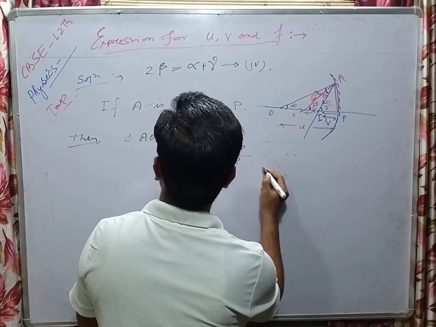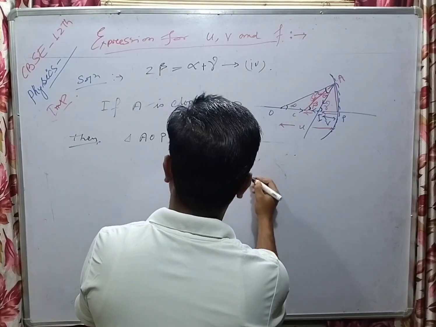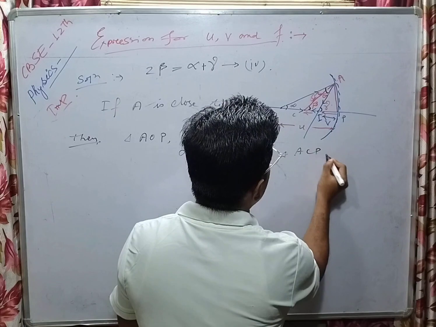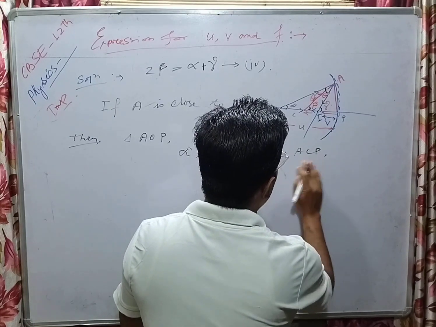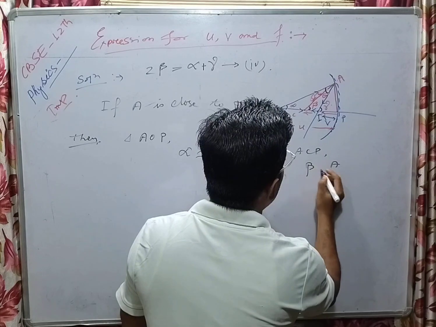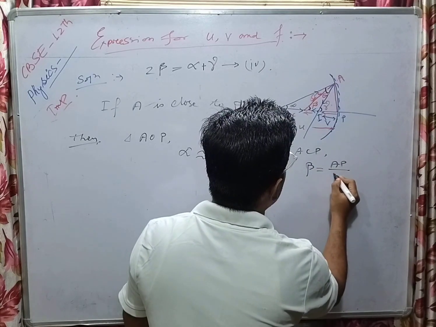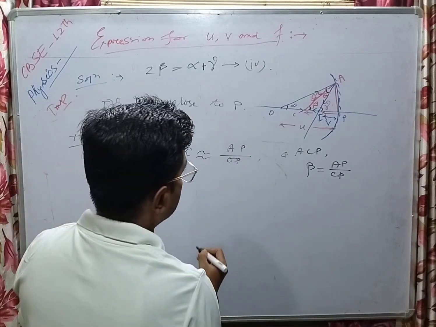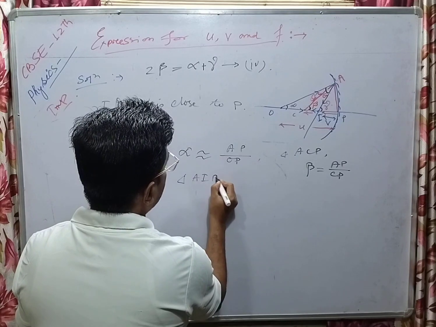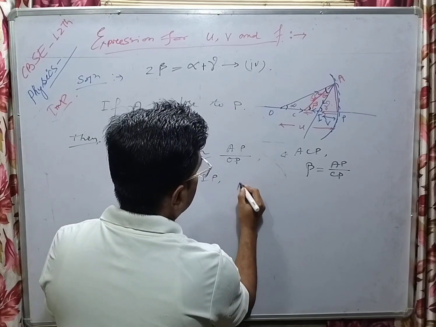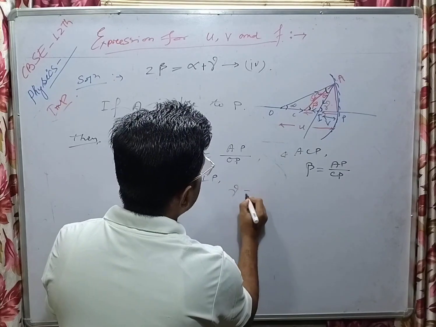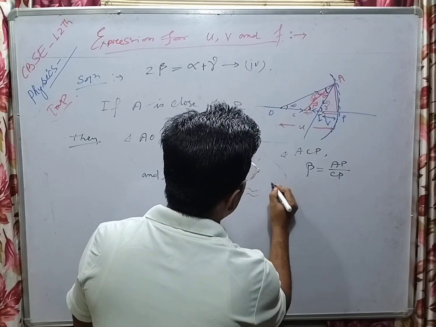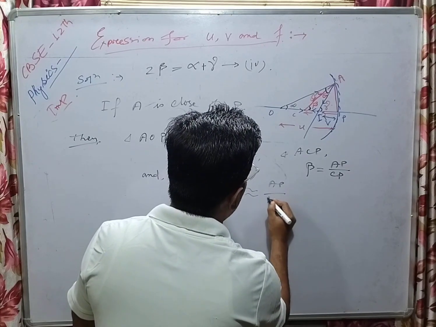for beta, it will be from triangle ACP. Now beta is equal to AP by CP, and again from triangle AIP, gamma is approximately equal to AP by IP.